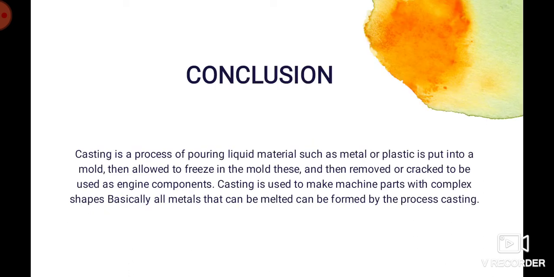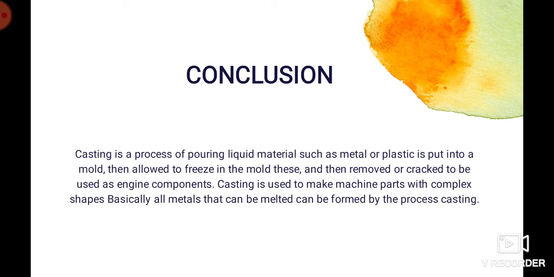And so, this is the conclusion. Casting is a process of pouring liquid material such as metal or plastic into a mold, then allowing it to freeze in the mold base and then removing it to be used as engine components. Casting is used to make machine parts with complex shapes.